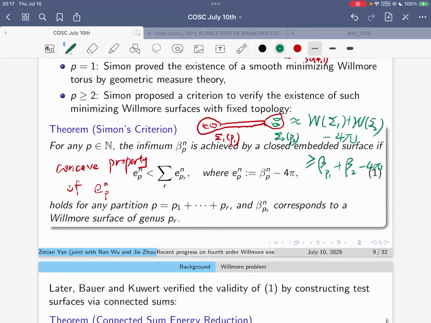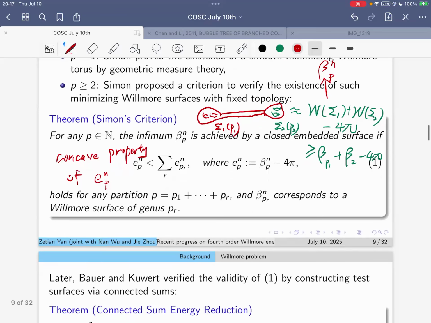So if this is a minimizing sequence, this energy will converge to beta p, and you can find exactly a contradiction, right? In other words, Li-Simon's criterion can be regarded as a condition to avoid the splitting phenomenon in the minimizing process.